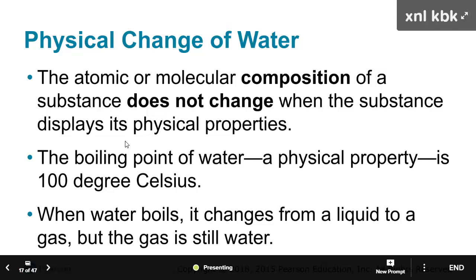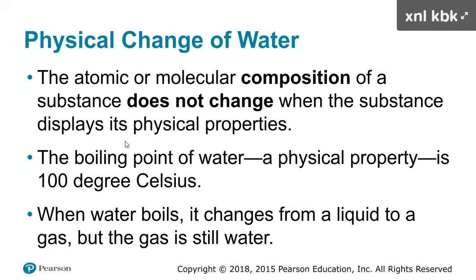So one last thing that I'll talk about, the idea of a physical change. So like I said, physical change, physical properties, they have a lot in common. We're talking about things that we can observe and note without changing the composition, without changing the identity of the substance. So when we observe physical changes, it's the same kind of thing. So I can observe water being poured from one bucket to another.